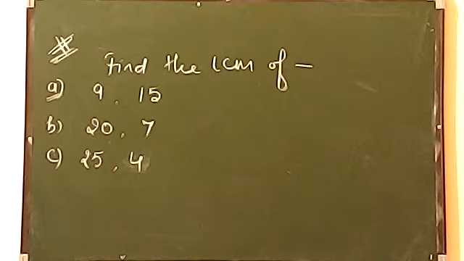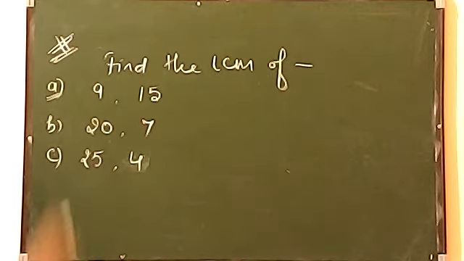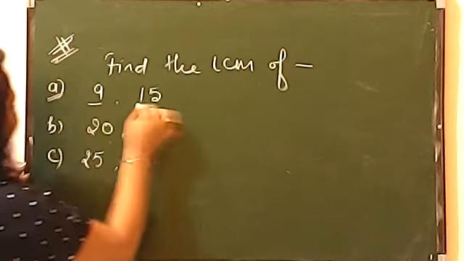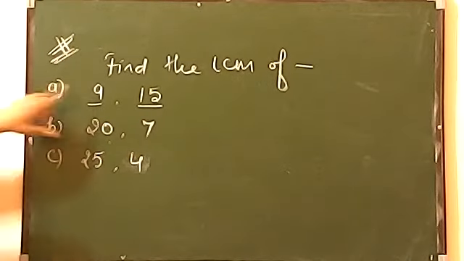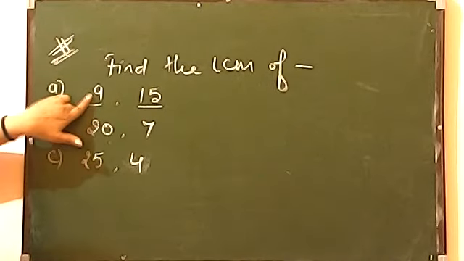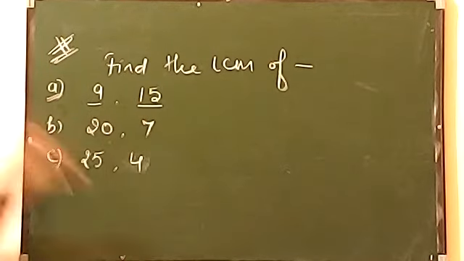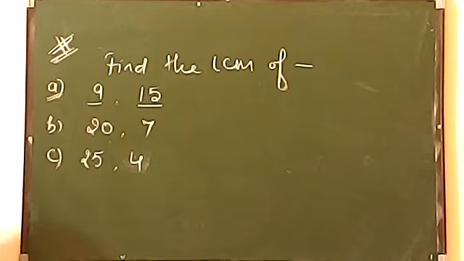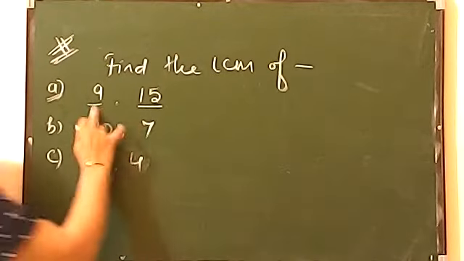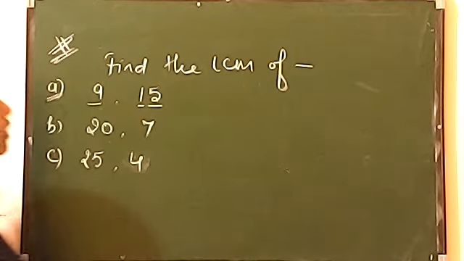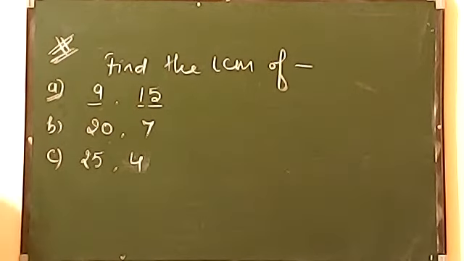So students, if you see question number 1 which I gave you, that is 9 and 15. You know that the factors of 9 are 1, 3 and 9. The factors of 15 are 1, 3, 5 and 15. When you find the common factor between them, you find 3.